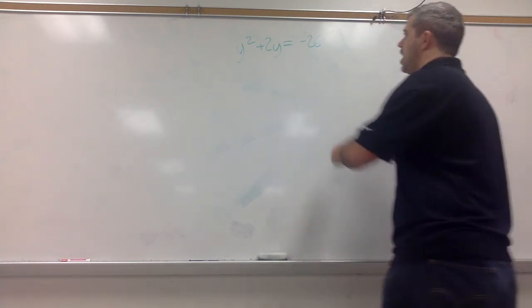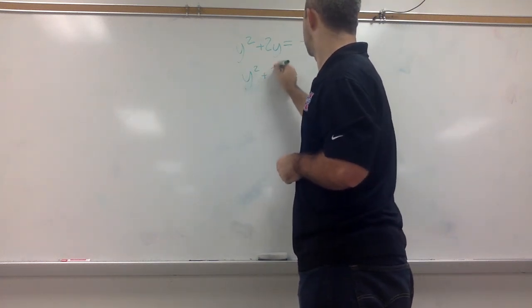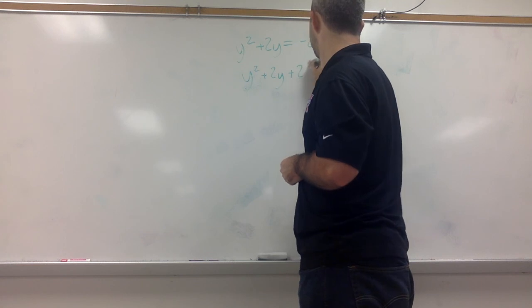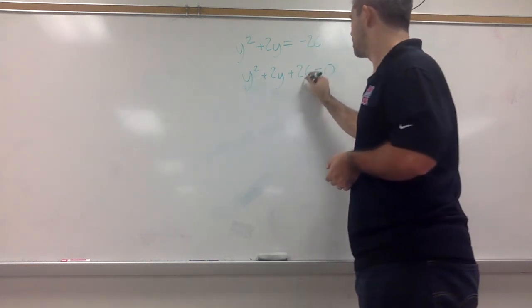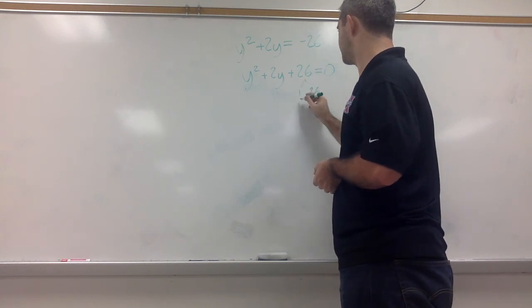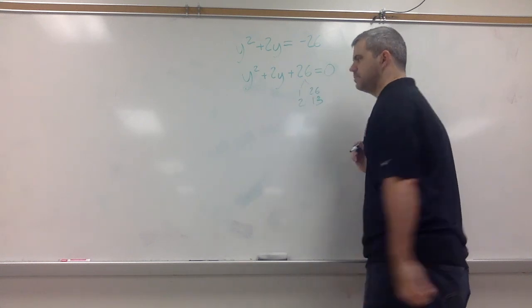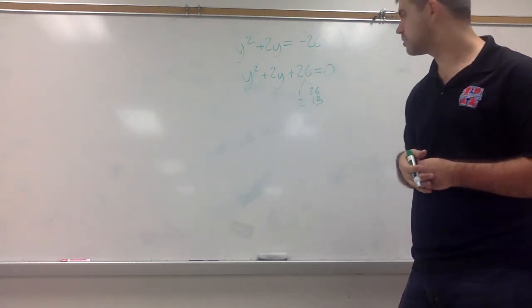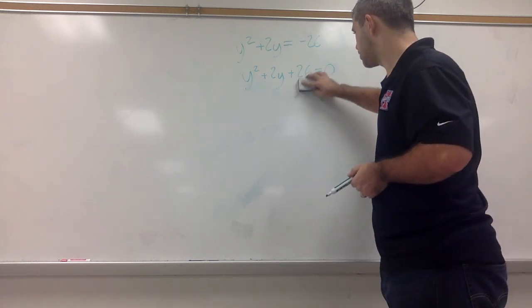Let's see. Let's move it over. All right. So 26, that's 1 and 26. 2 and 13, that's prime. So we are stuck, okay? Because none of these are going to add up to 2. So we are going to use the quadratic formula here.